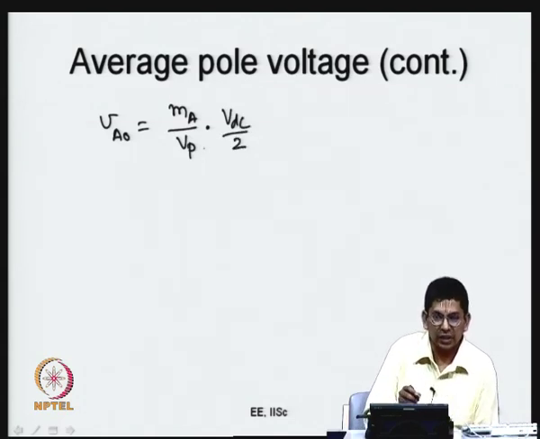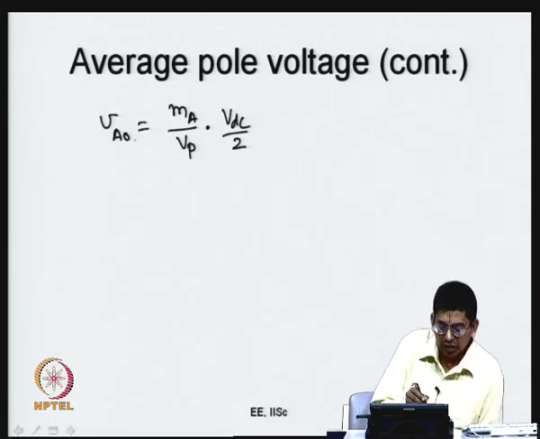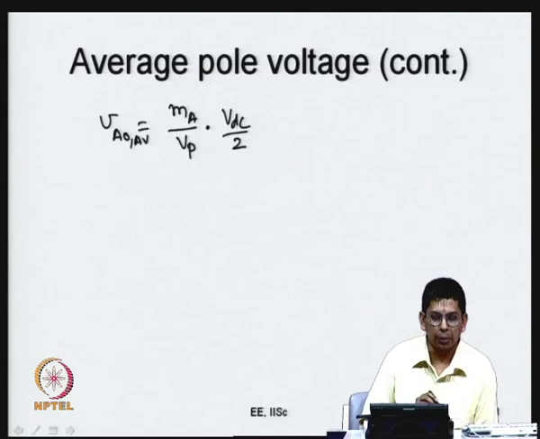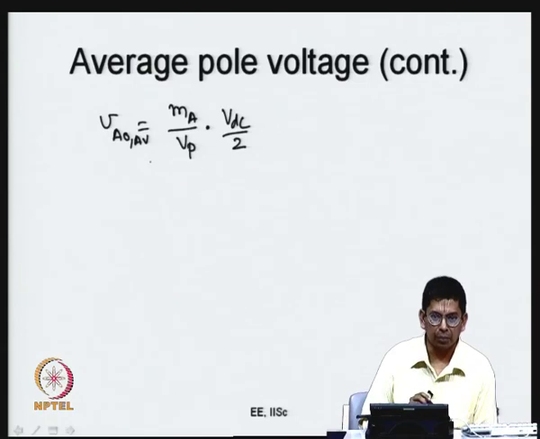My MA can go as high as Vp, not beyond that. That would be called over modulation, and it will just get clipped to Vp in any case. So, the maximum value of the average pole voltage can only be up to plus Vdc by 2. The minimum voltage can be minus Vdc by 2. So, the maximum amplitude it can take is Vdc by 2. So, VAO average can be Vdc by 2 sin omega t if you wish.